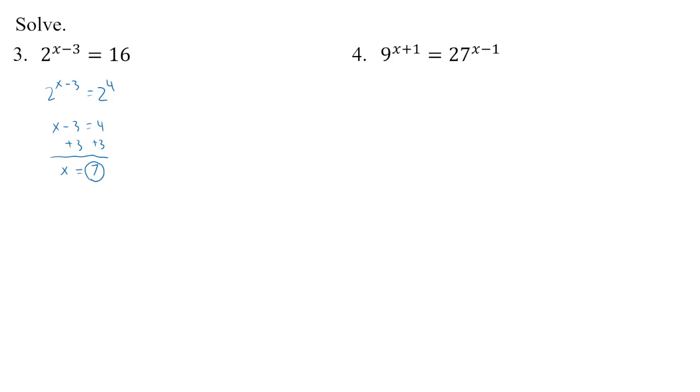Number 4, we got 9 to the x plus 1 power equal 27 to the x minus 1 power. So as you can see, the bases are not the same. However, 9 and 27 are both powers of 3. And we're going to write them as such. So 9 is 3 squared. And we know 27 is 3 cubed.